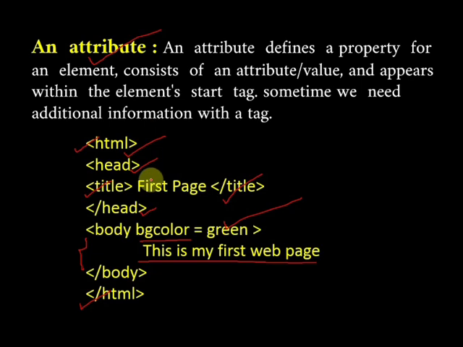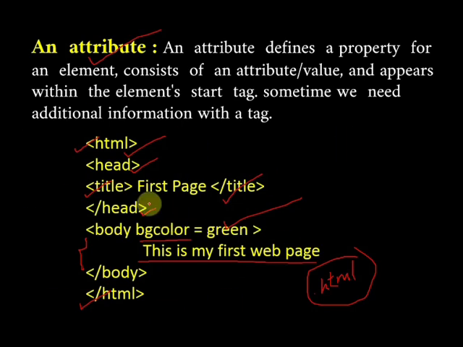Suppose you give the name my first page, so you give my first page.html. Without giving this extension, the file will be saved as a text file, and a text file is not going to open in the browser and you will not get any output.